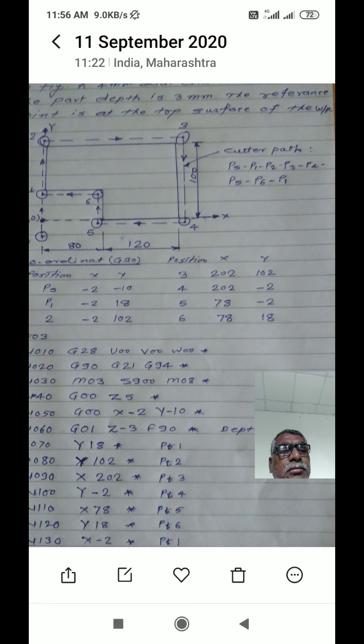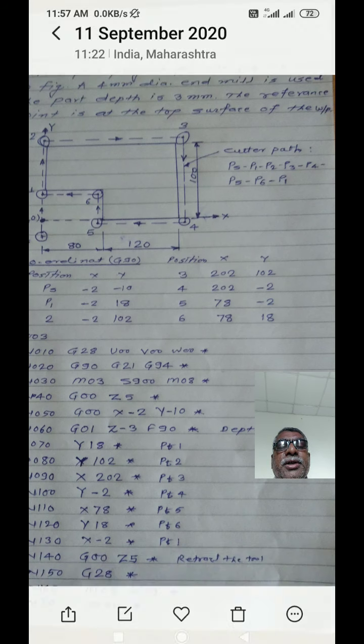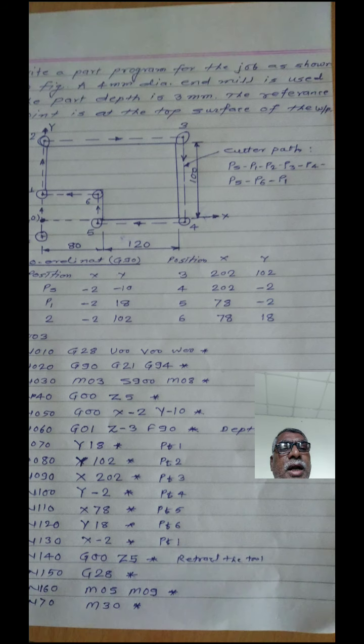Total length of the job or height of the job is 100 millimeter from the machine reference point or workpiece 0. Therefore, 100 plus 2. Therefore, y coordinates of the point 2 is 102. Is it clear why it is 102? By considering the radius of the cutter. Then point 3.